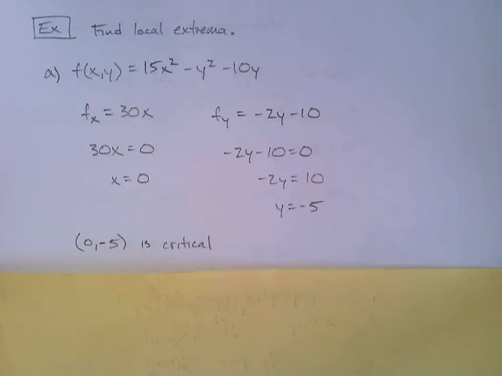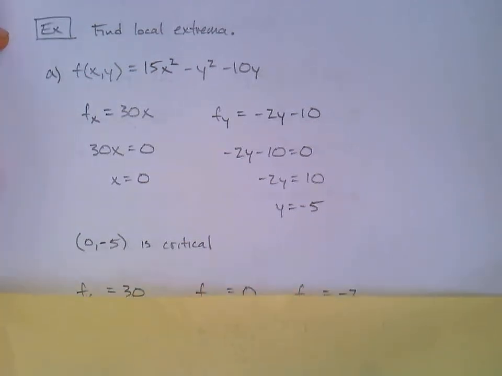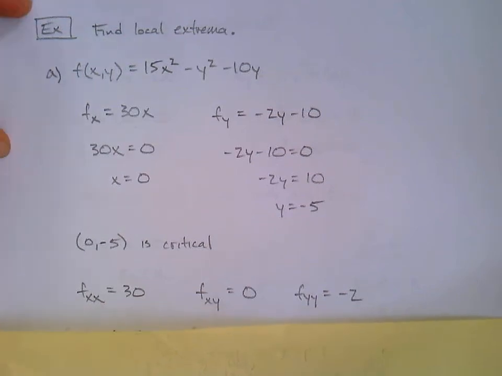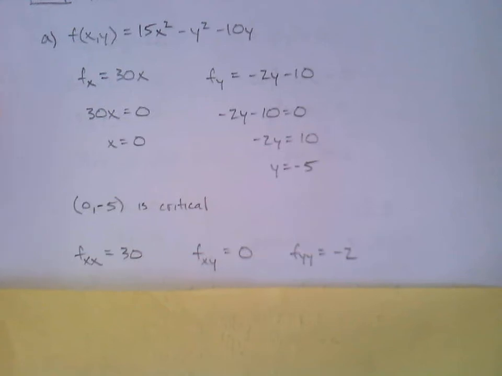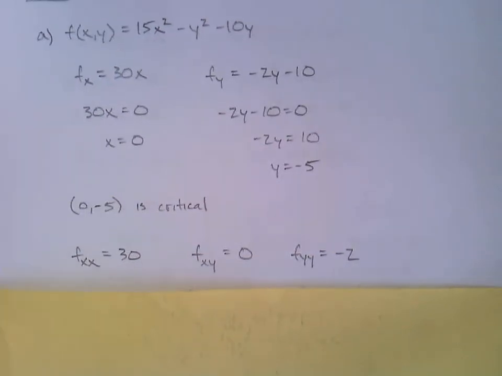Now that we know all of the critical points, we need to find those second derivatives, right? So I've done that here. Again, these went pretty fast in this example. As we look at f sub x, another derivative with respect to x, f sub xx, and we get 30.